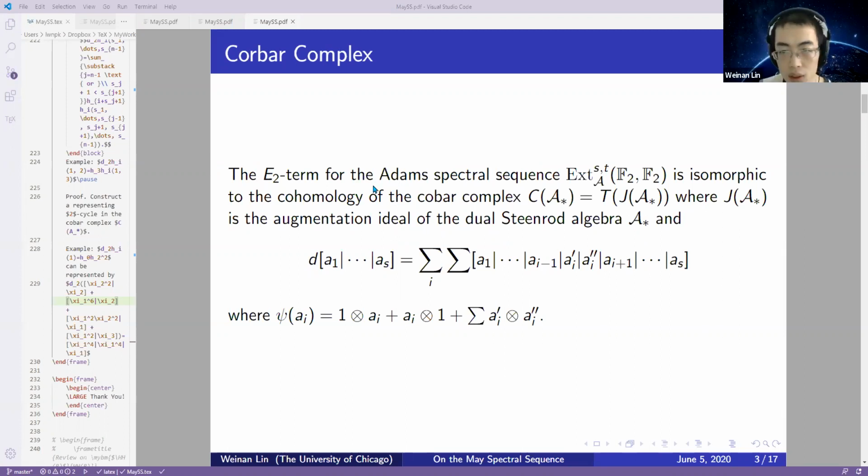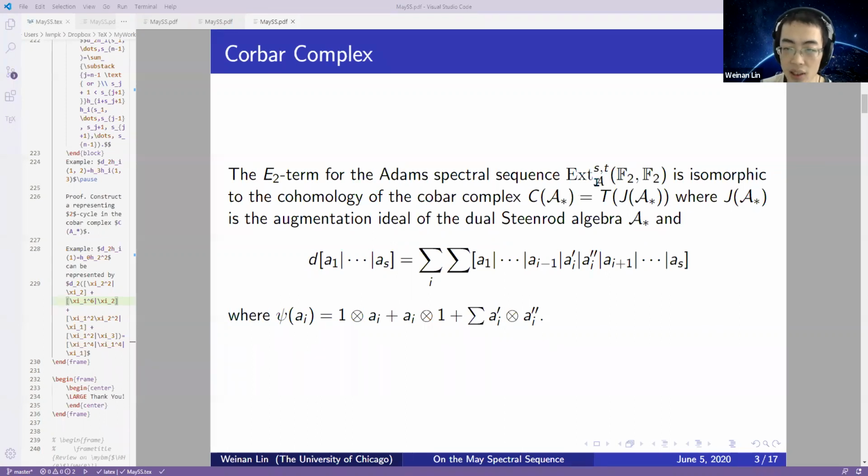So the E2 page of Adams is isomorphic to the cohomology of the cobar complex. Usually one of the classical ways to do it is that you can use the bar complex of A, and then because it's Ext, you have to dualize that to get the Ext group.